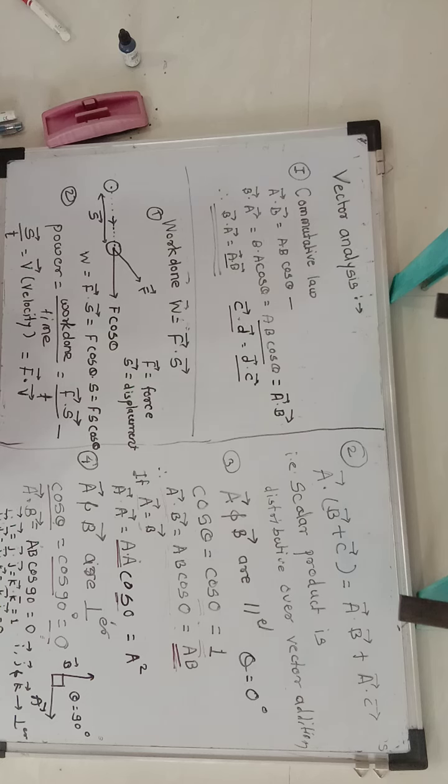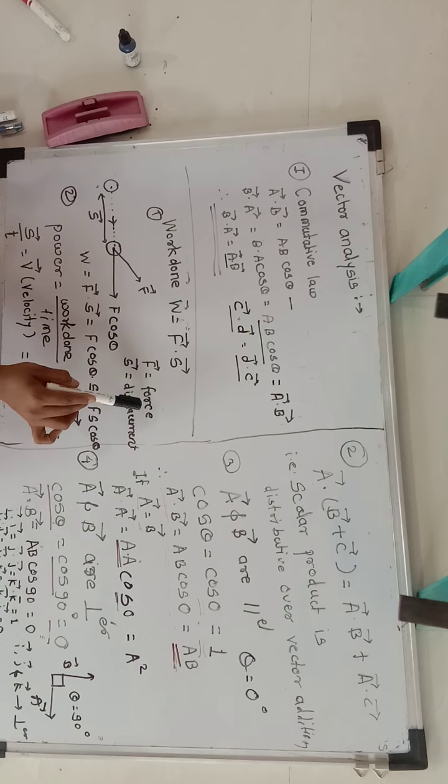In physics, a very well-known example of the dot product is work done. Work done means force into displacement. Suppose initially, at time t equal to 0, the particle is at this point. When the force F bar acts on it, it is displaced to this point through the displacement S bar.